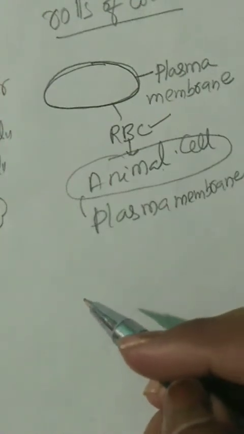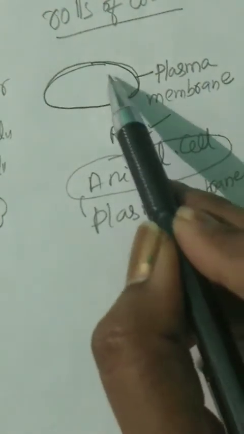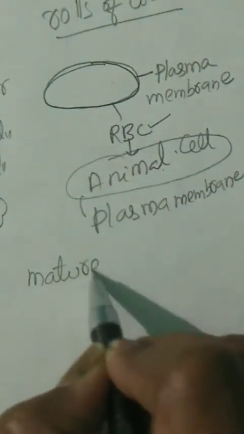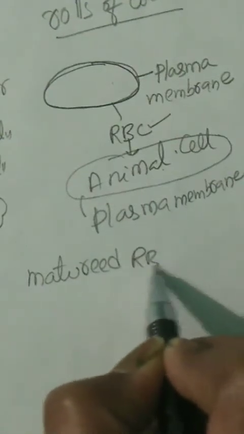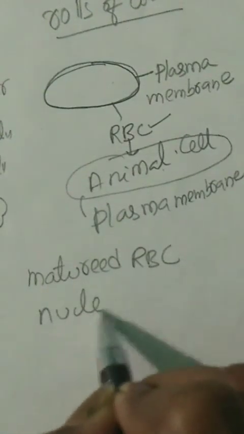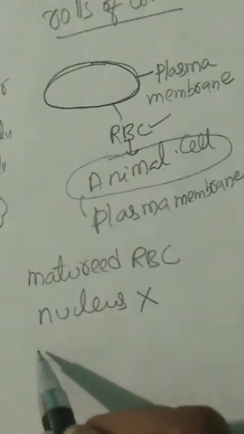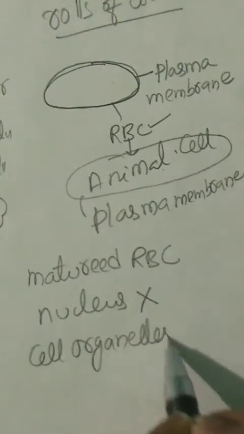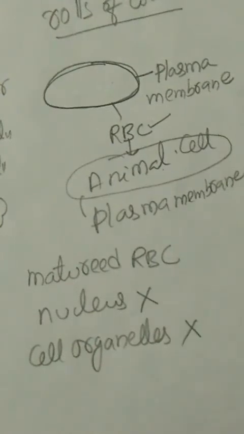Nucleus and other cell organelles are not present in the matured RBC. You know why?